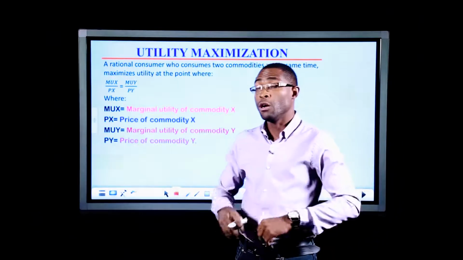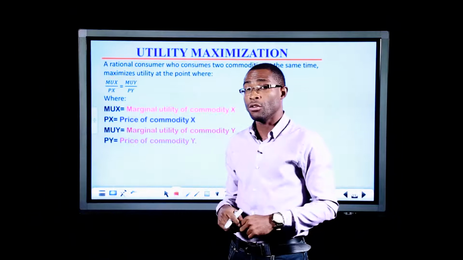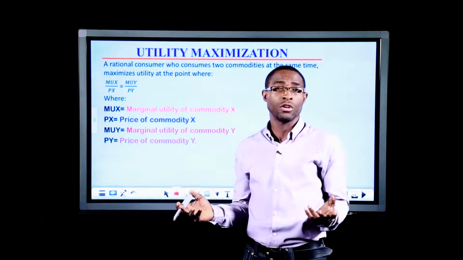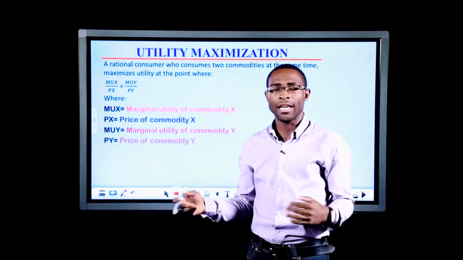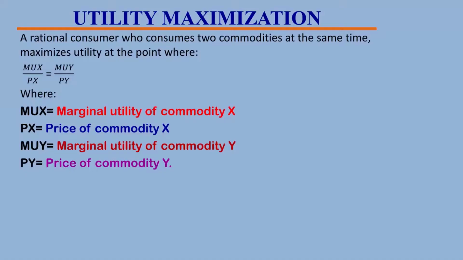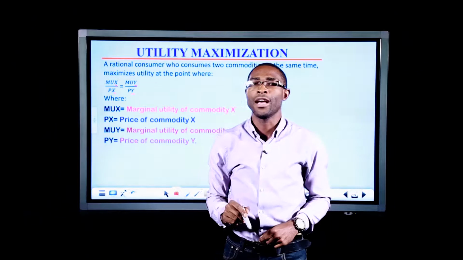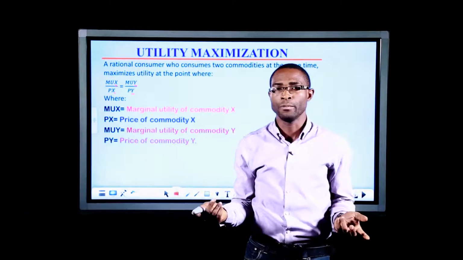Now for maximum utility for a rational consumer who consumes two products, let's say commodity A and commodity B, it can be calculated as MUX over PX, that is marginal utility of commodity X divided by the price of commodity X, is equal to the marginal utility of commodity Y over the price of commodity Y. Now let's say we have bread and butter.